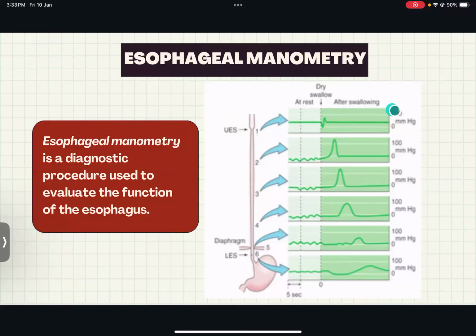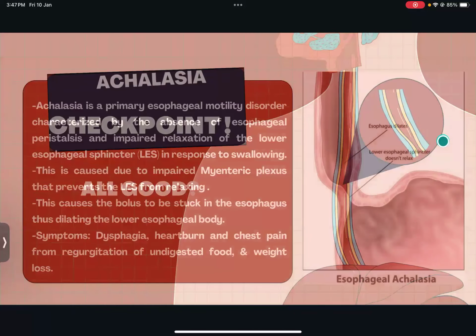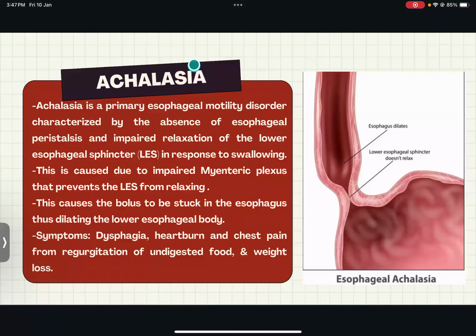So you have to understand and memorize the manometry in the normal physiological condition, in order to differentiate it from the pathological one. Okay? And with that, we are done with all the normal physiological conditions of the esophagus. Now we're going to start with the clinical correlations.